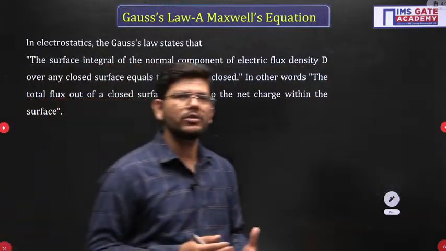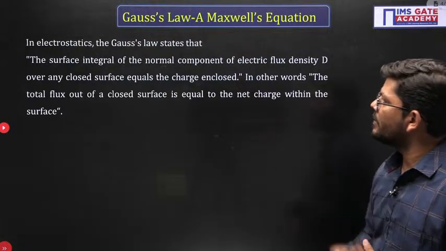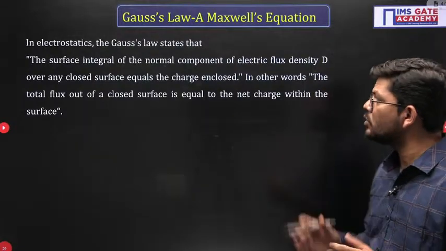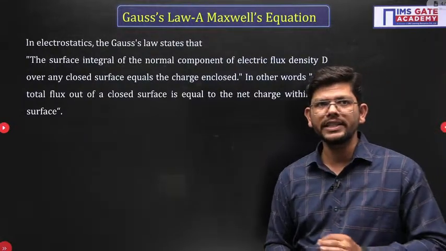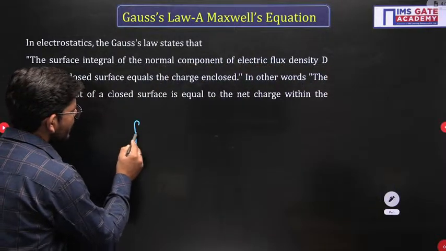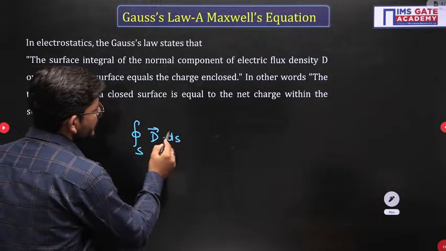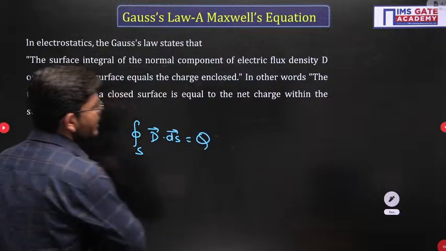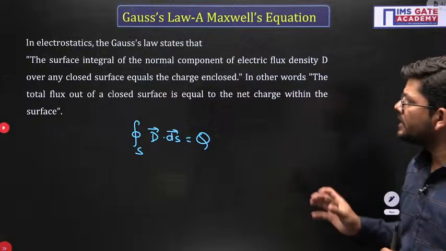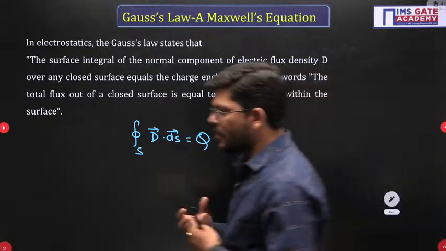So what was the Gauss law? Let me just read the statement. The surface integral of the normal component of electric flux density D over any closed surface equals the charge enclosed. Means if you are calculating the surface integral of D dot dS, it will be equal to the total charge enclosed inside the body. This law is applicable for surfaces that bound some volume.